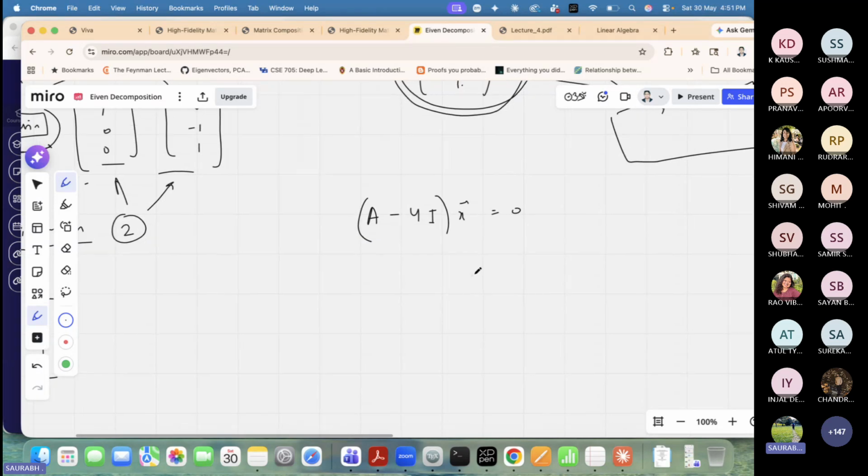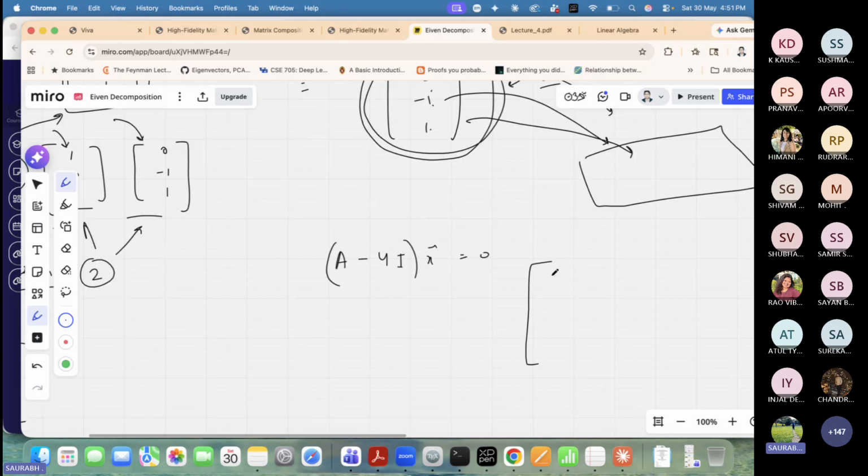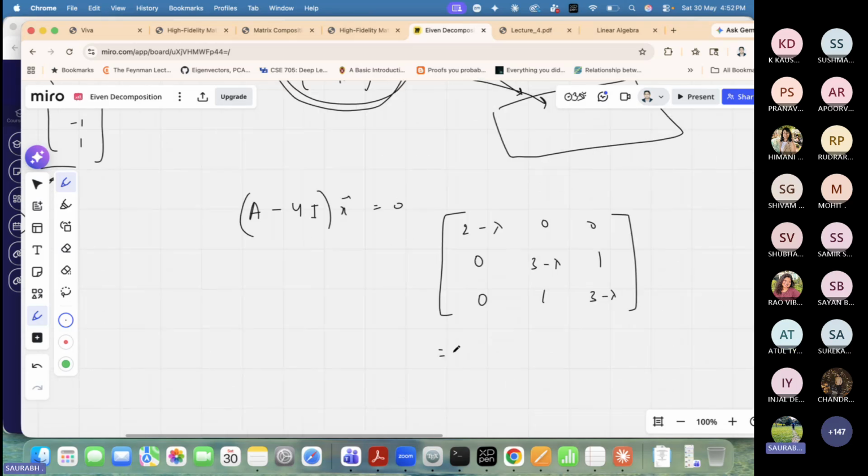Our matrix, if we remember, was 2 minus lambda, 0, 0; 0, 3 minus lambda, 1; 0, 1, 3 minus lambda. In this particular case, if we set lambda equal to 4, the matrix becomes minus 2, 0, 0; 0, minus 1, 1; 0, 1, minus 1.